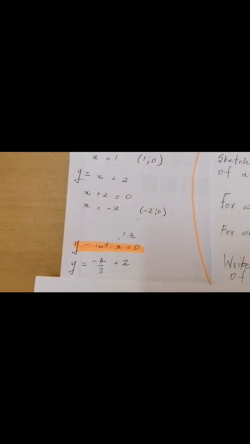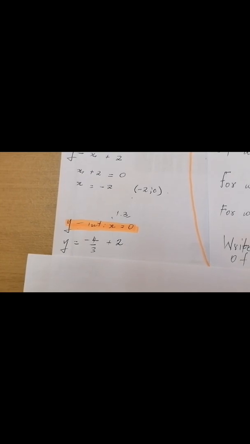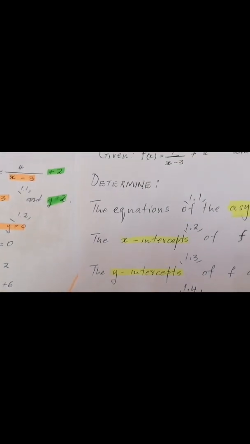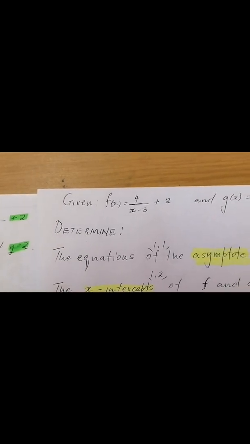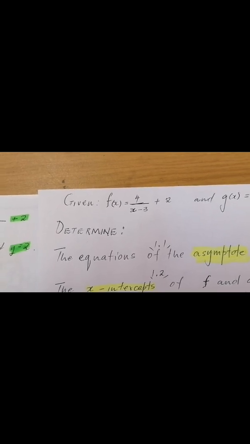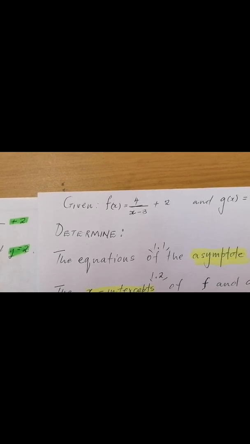Now, when we do that, in the hyperbola, if you put 0 where you see x, it is going to become 4 divided by 0 minus 3, plus 2. And 0 minus 3 is minus 3. We would have 4 divided by minus 3, which is minus 4 divided by 3, plus 2.